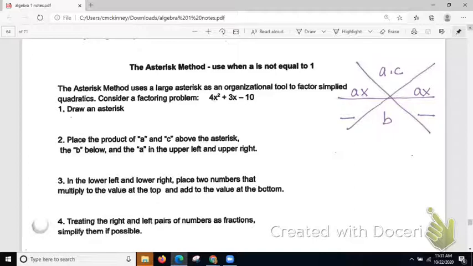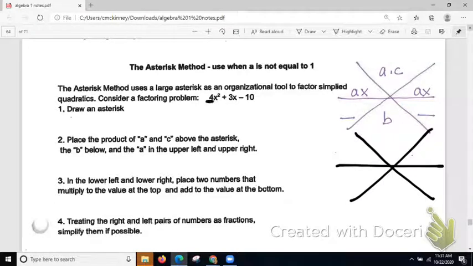So first thing, draw your asterisk, and I just drew one up here at the top that actually has where things go. These blanks are where your missing numbers go. So for this particular problem, I'm drawing my asterisk. My A times C is 4 times negative 10, so that's a negative 40.